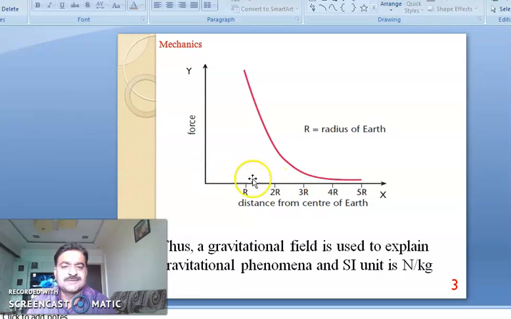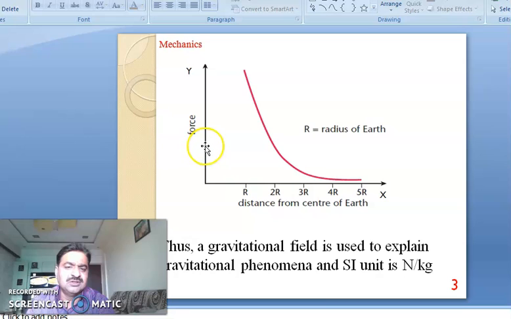Here, if we take this point, the force increases. In the same way, when the massive body is at a distance of 3R, the gravitational force on the massive body is increasing. In the same way, at 2R, you will get this point.